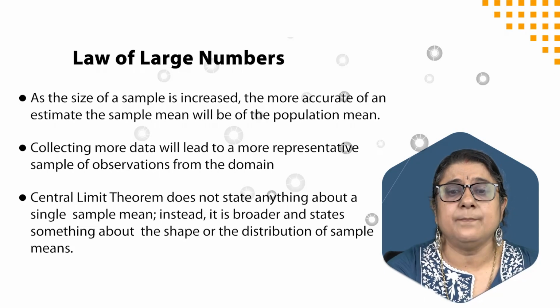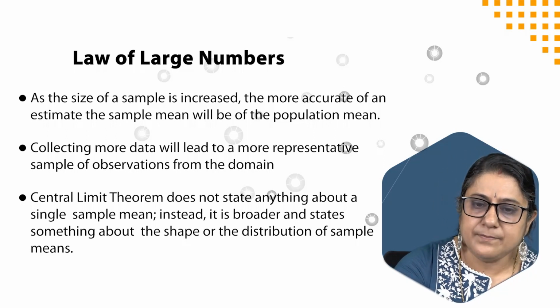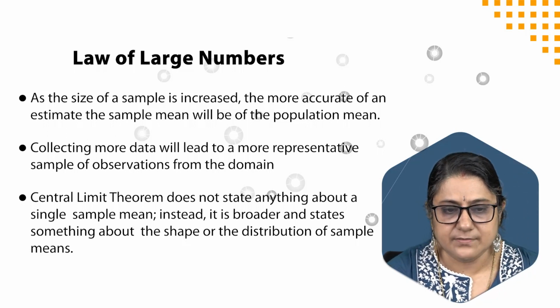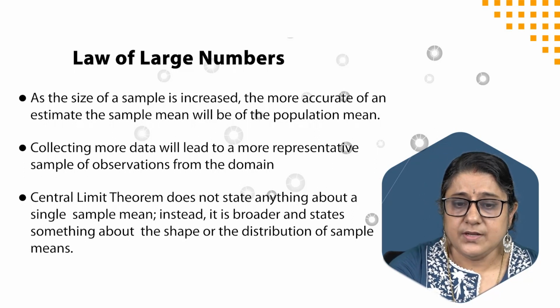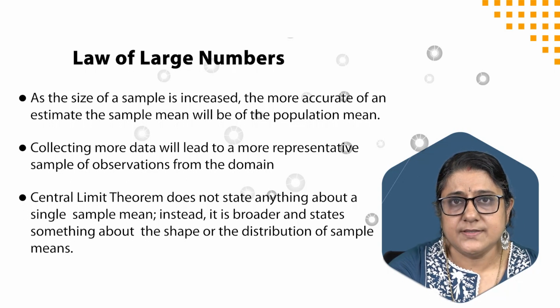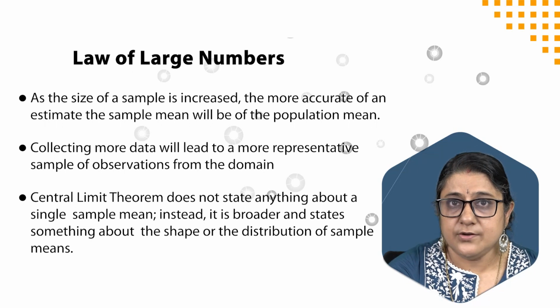As the size of the sample is increased, the more accurate the sample mean will be as an estimate of the population mean. So collecting more data is helpful, but we have to consider that the data is relevant and is not noise data.